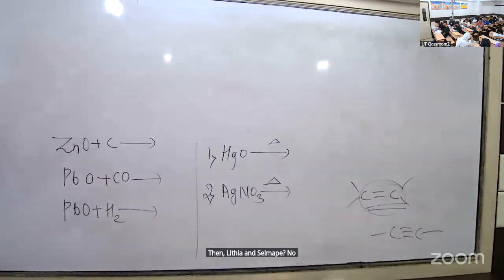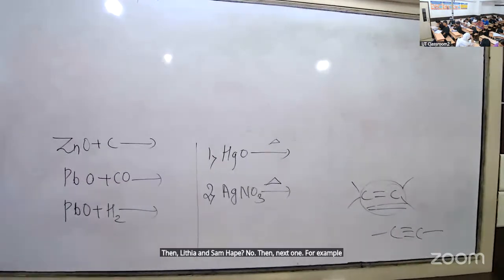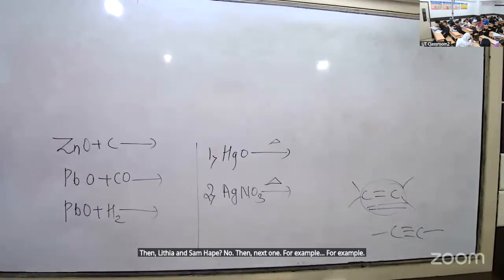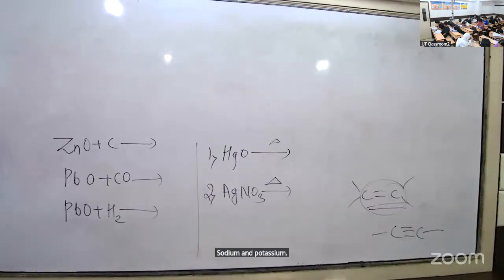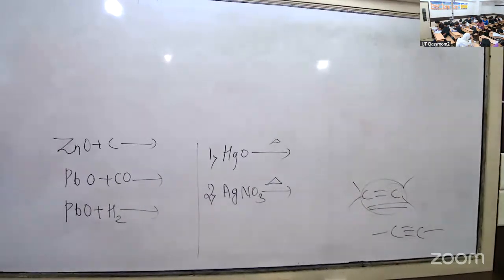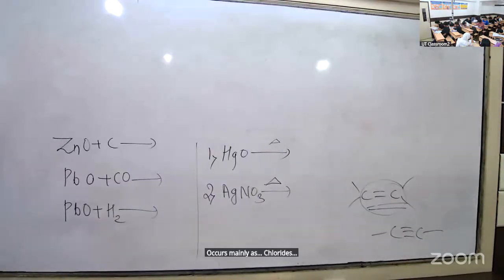Then next one. For example, sodium and potassium occur mainly as chlorides, aluminium. एक मिनट प्लीज.